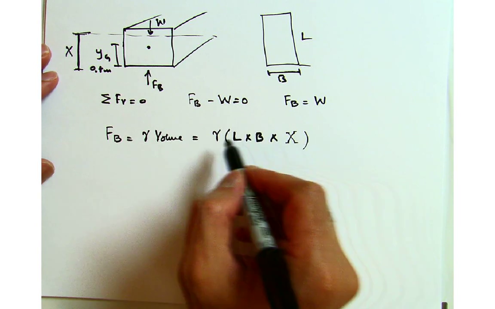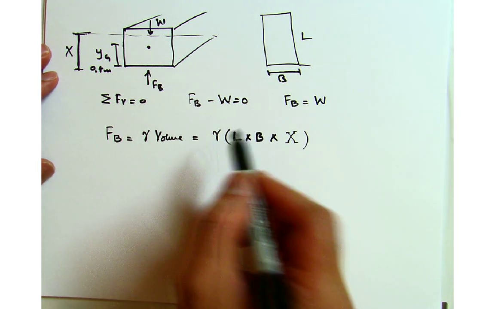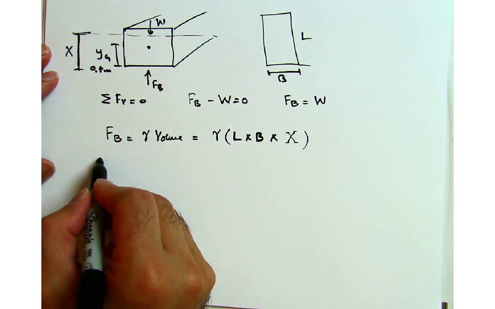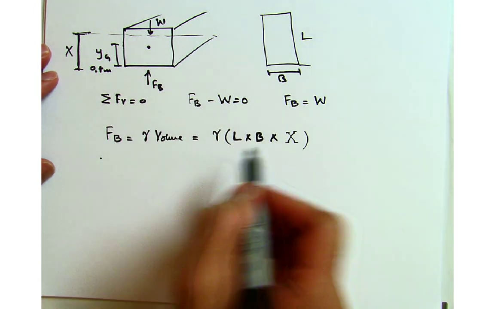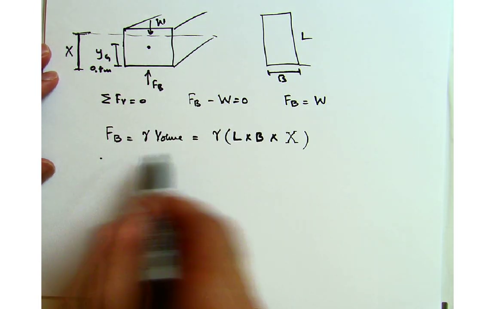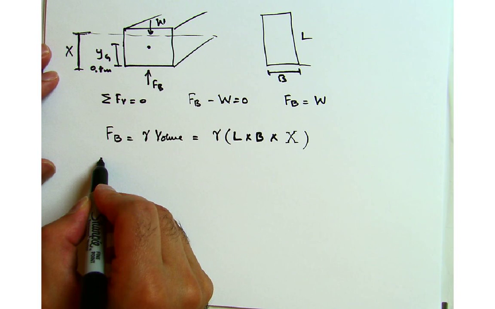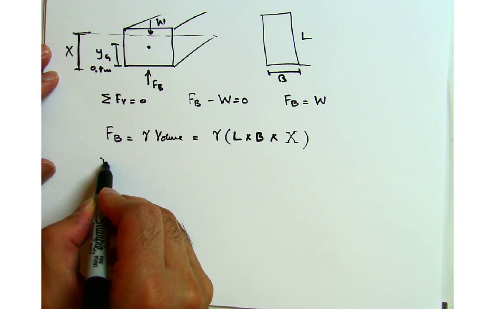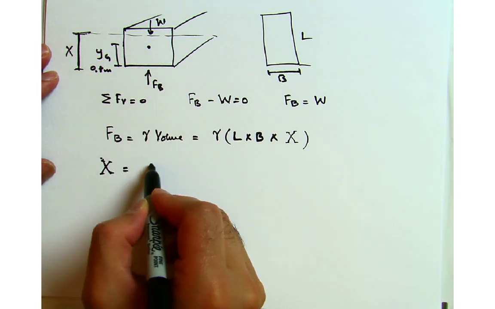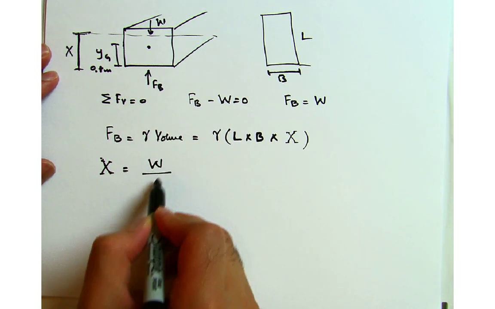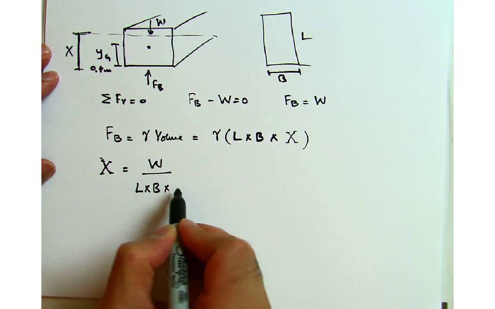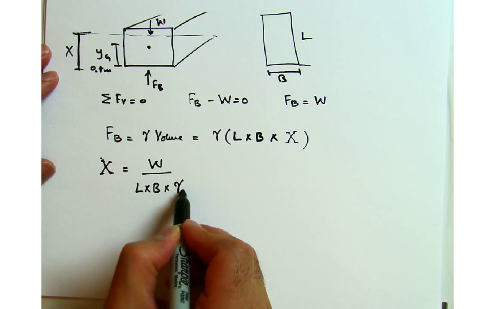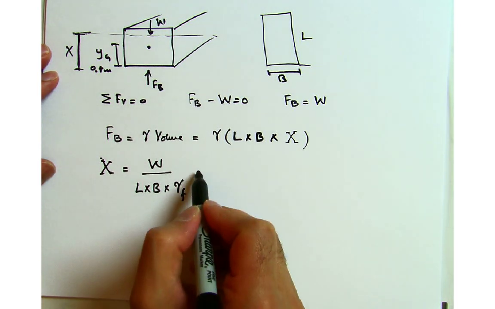So I have this gamma because this is some water. So I can write this as x is equal to W, which is the weight, divided by length times the breadth times the gamma of the fluid.